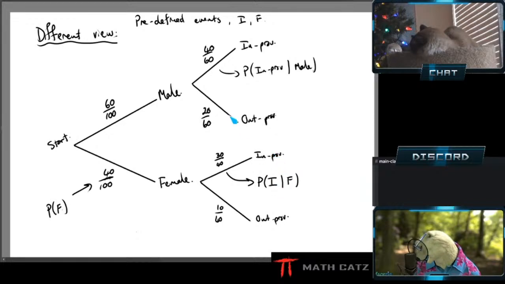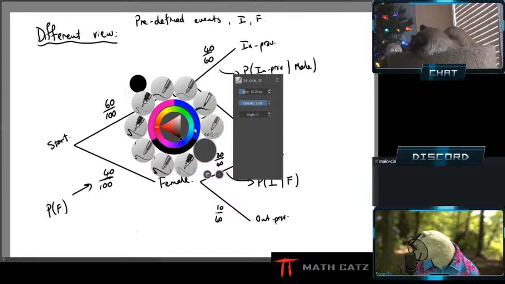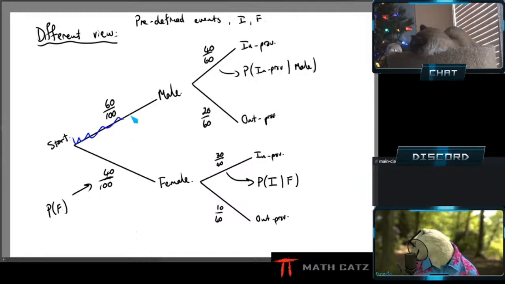All right. So this tree diagram maps out all the different things that could happen. For example, if I follow this blue path, that is going to be my sequence when I've selected an out-of-province male person, student.